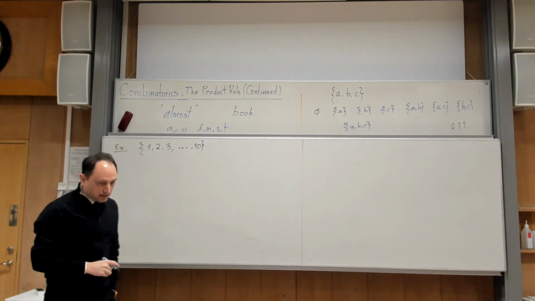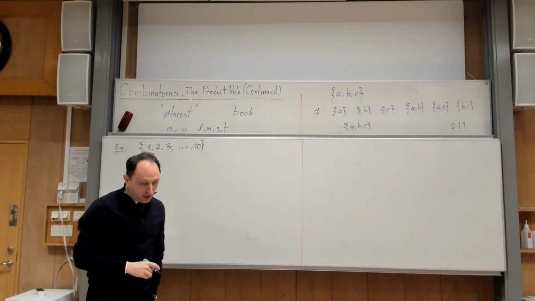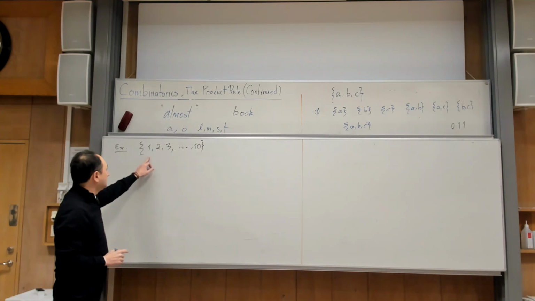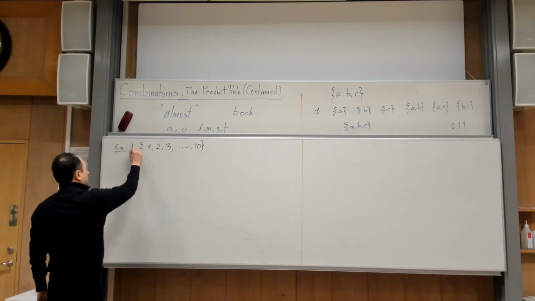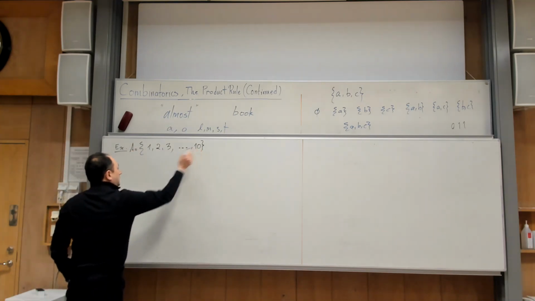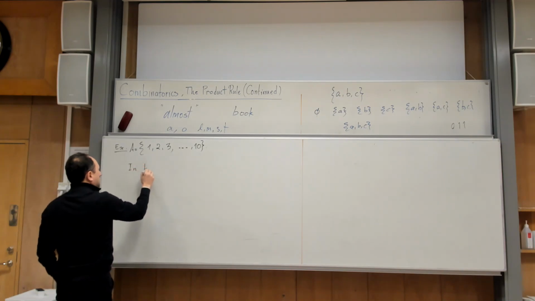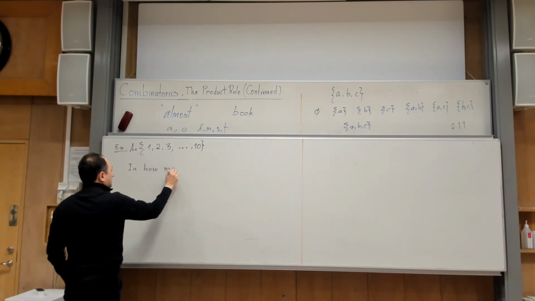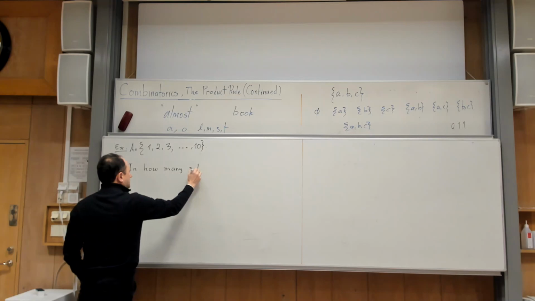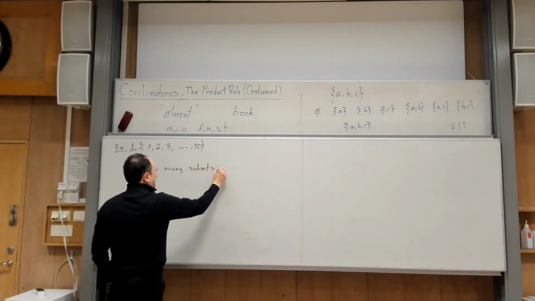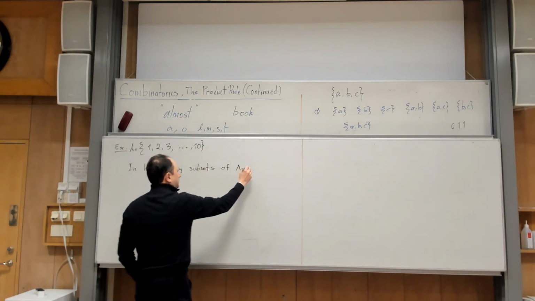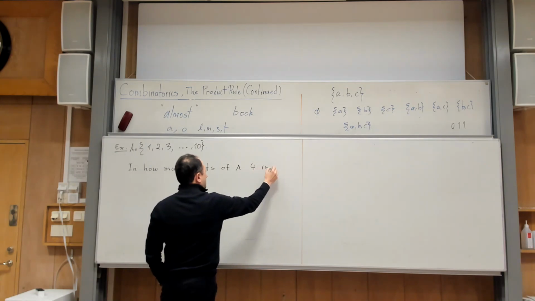Consider this set, and I ask you, let me give it a name, A. The question is: in how many subsets of A is 4 the smallest number?